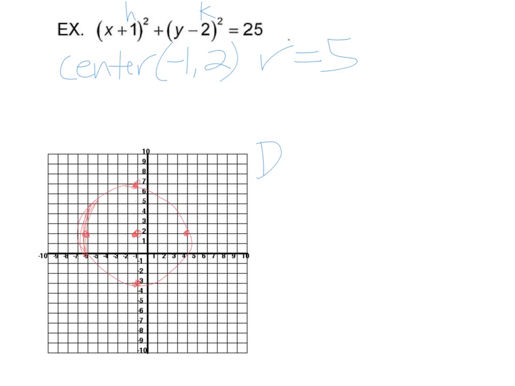Domain and range. Domain is the farthest left x. So look at the dot, not my terrible circle. The farthest left I have is negative 6 on the x-axis. The farthest right x value is 4. The range.